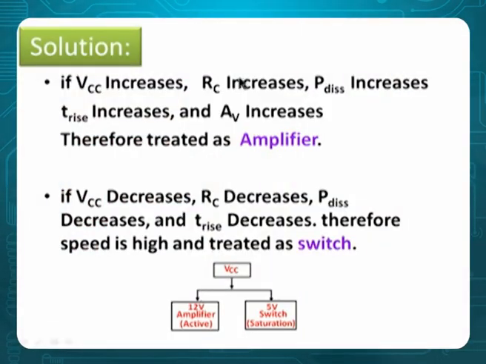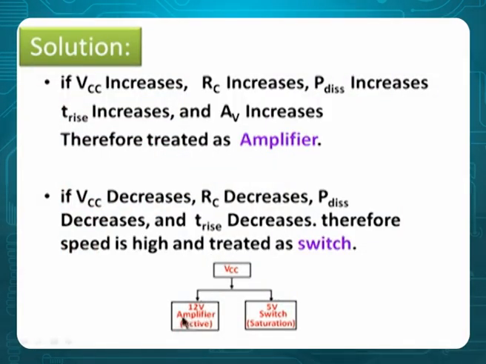By the way, if VCC increases, why should RC increase? The answer is simple. Because when you are really changing external things, device values will never change. In other words, voltage ratings of a device will not change. When the voltage ratings will not change, automatically the resistors have to change accordingly.